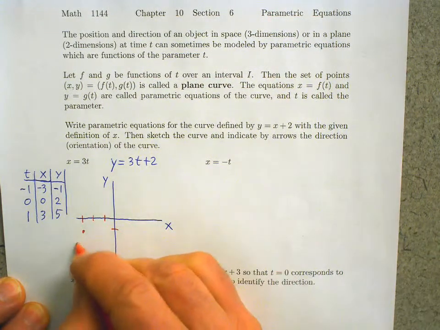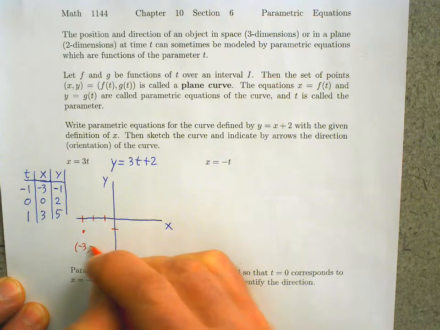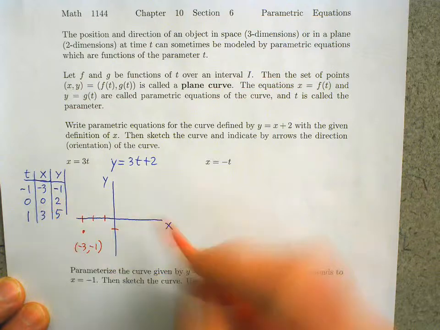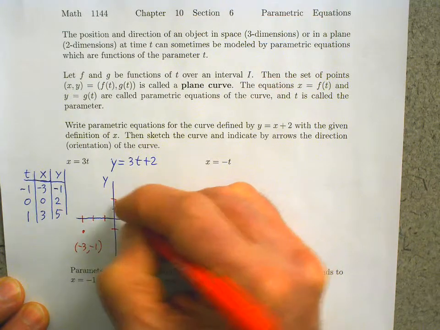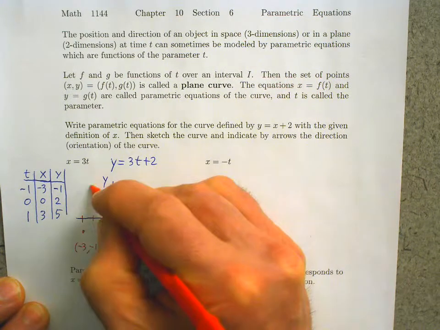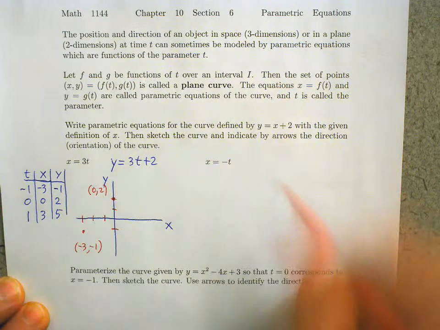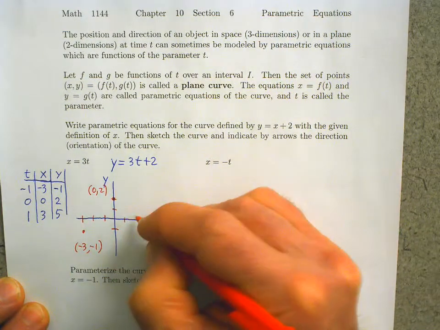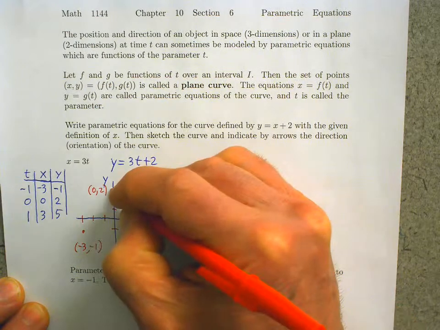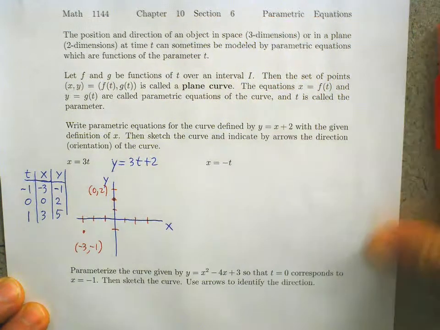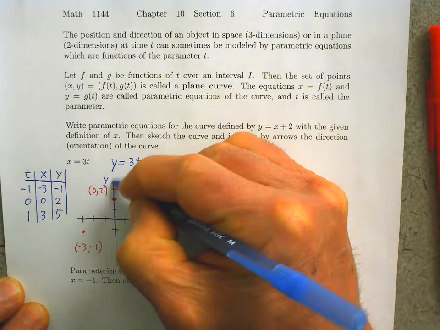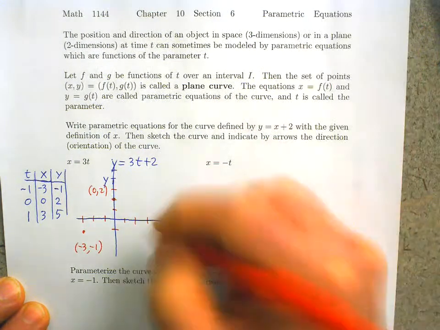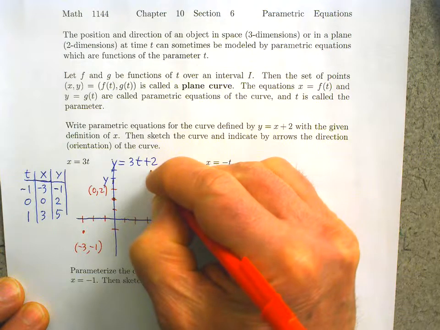So that's the ordered pair (-3, -1). The next ordered pair is (0, 2). And then the third ordered pair is (3, 5).